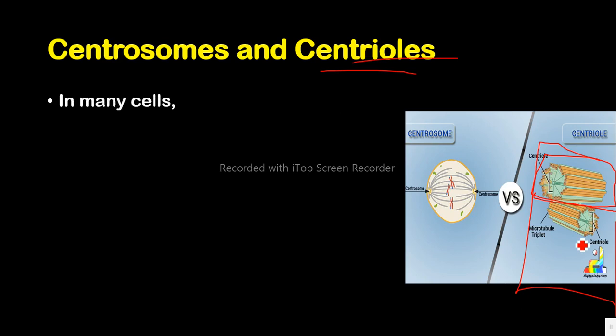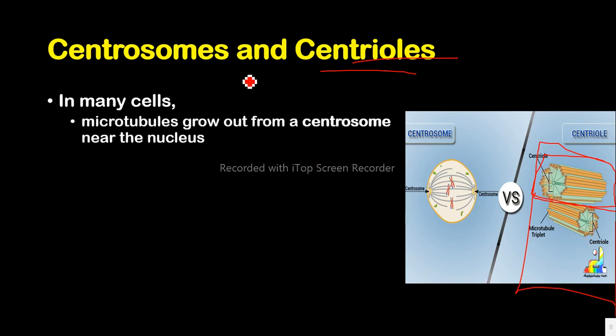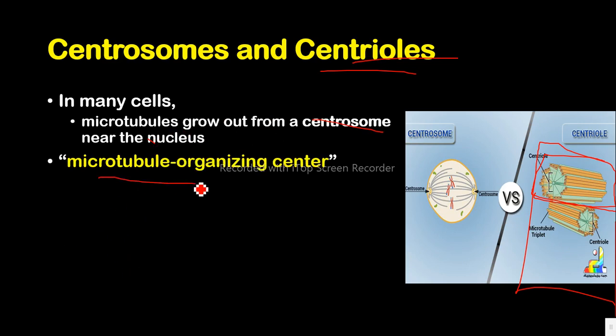This is like the center from which all these microfilaments, microtubules and intermediate filaments will organize themselves and originate, in the case of animal cells. But plant cells don't have centrioles. In many cells, the microtubules grow out from the centrosome near the nucleus. So it is the microtubule organizing center within a cell.